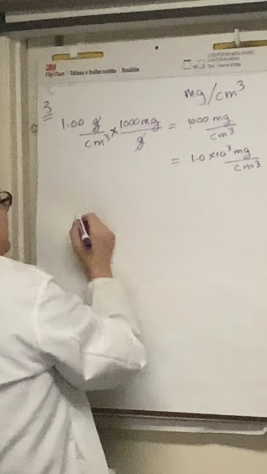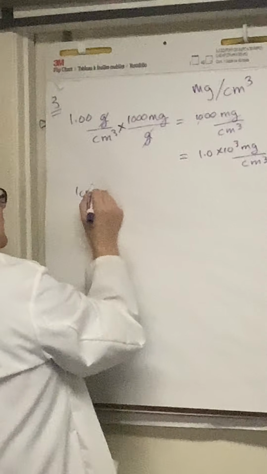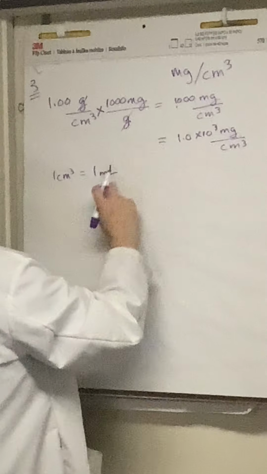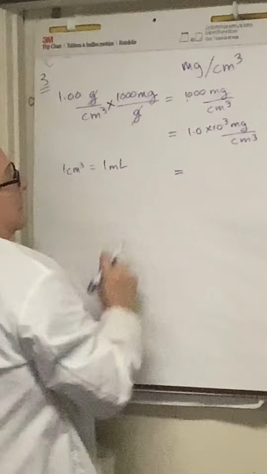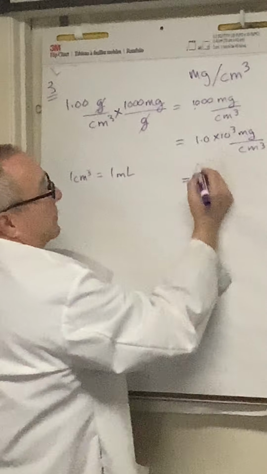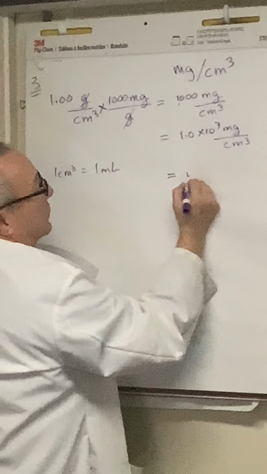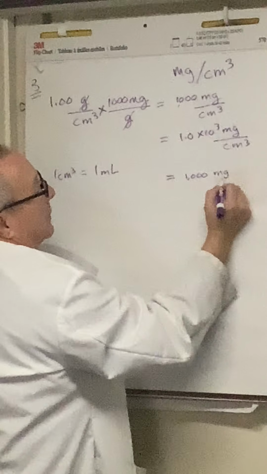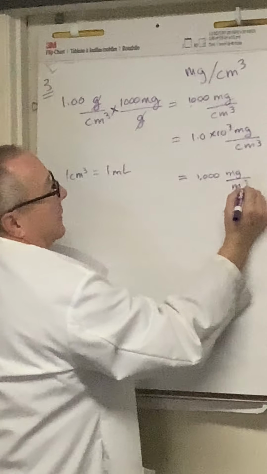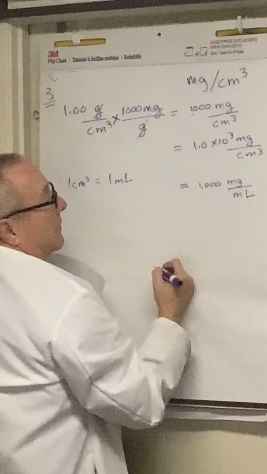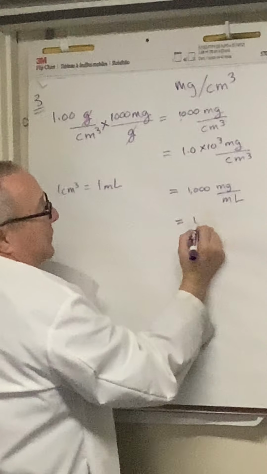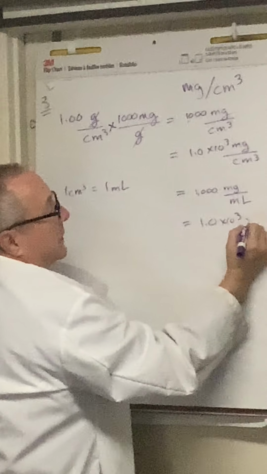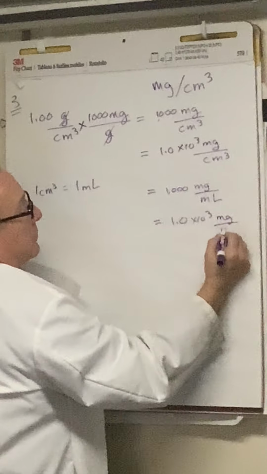And we already said that 1 cubic centimeter equals 1 milliliter. So I'm just going to swap these units out and do the same thing and say this is 1,000 milligrams per milliliter. Or if you want it in scientific notation, either way, 1.0 times 10 to the third milligrams per milliliter.